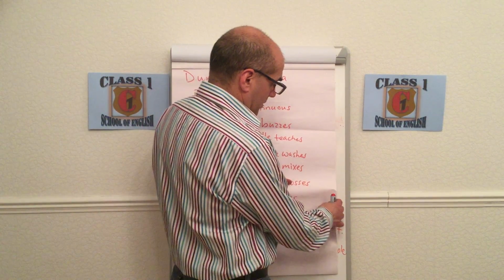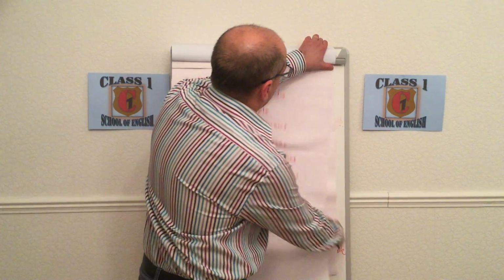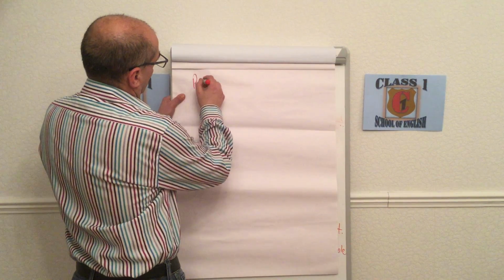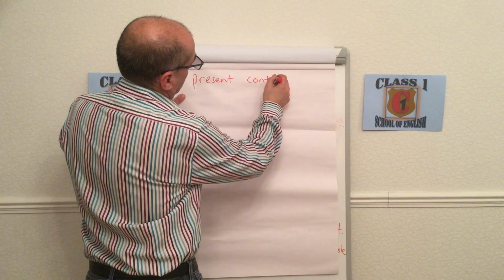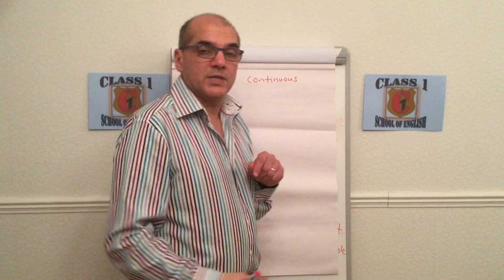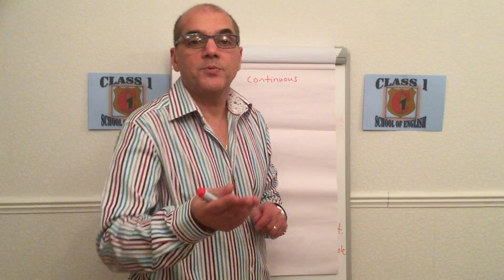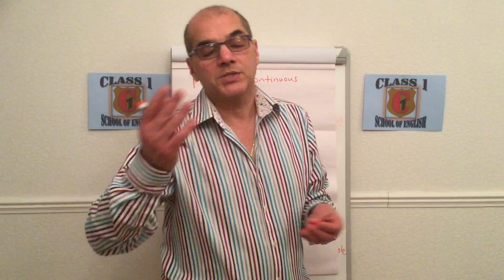With the present continuous, to form this now, we take the original verb and we add ing. So whatever verb you want to use, you put ing on the end. Teaching, standing, sitting, crossing.